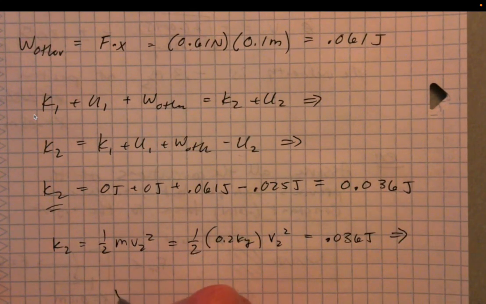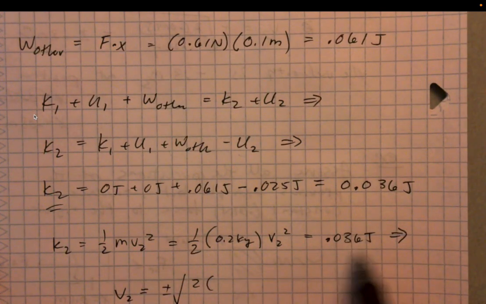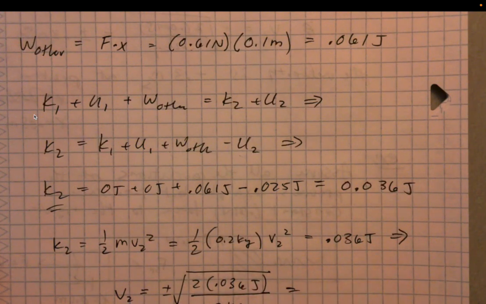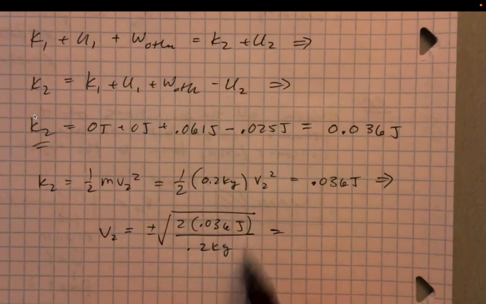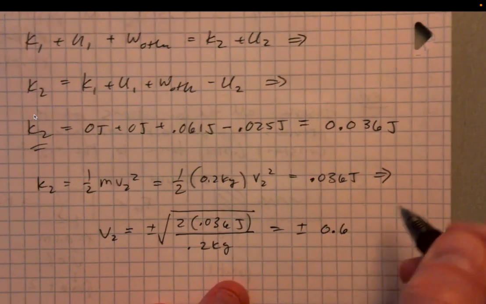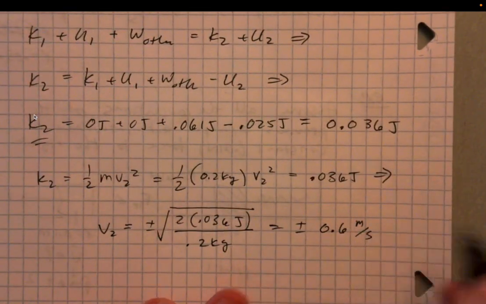And so v2 is equal to plus or minus the square root of 2 times the work here, 0.036 joules, divided by 0.2 kilograms. When you do all of this, you get plus or minus 0.6 meters per second.